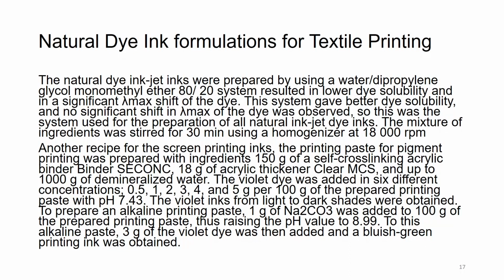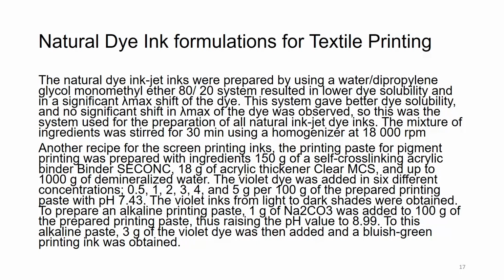Another recipe for screen printing inks. The printing paste for pigment printing was prepared using 150 grams of self cross-linking acrylic binder, the binder's name was Econ-C, 18 grams of acrylic thickener, clear MCS, and demineralized water up to 1000 grams.